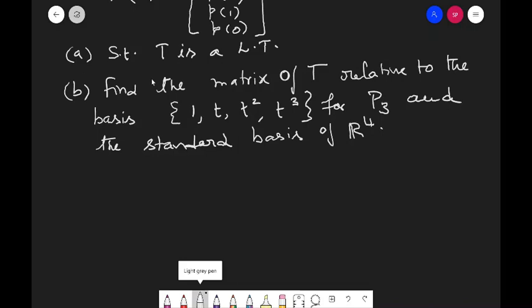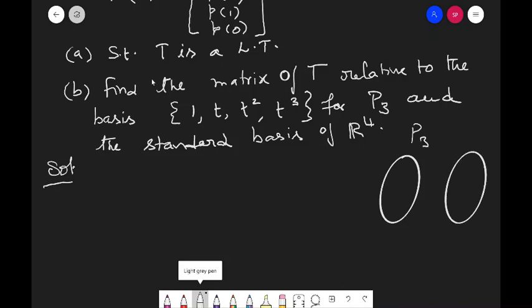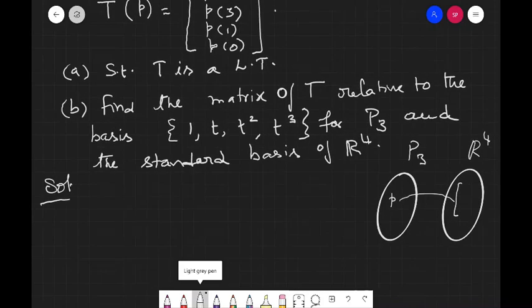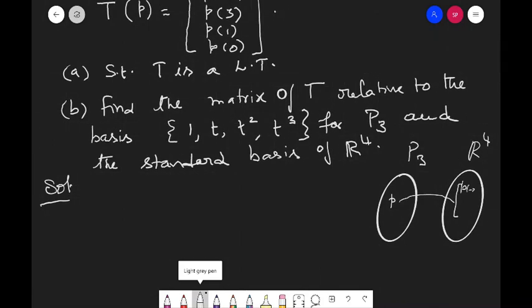This is what is given. So let us first look at this: this is P3 and this is R4. Each polynomial P is mapped to a column vector, that is P of minus 2, P of 3, P of 1 and P of 0.